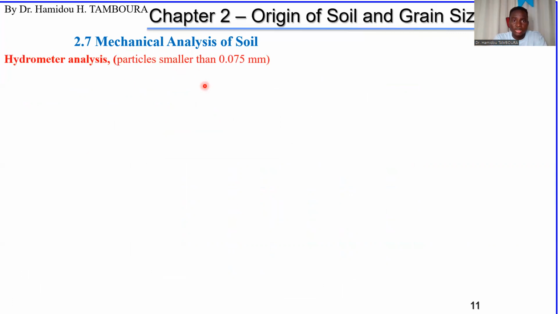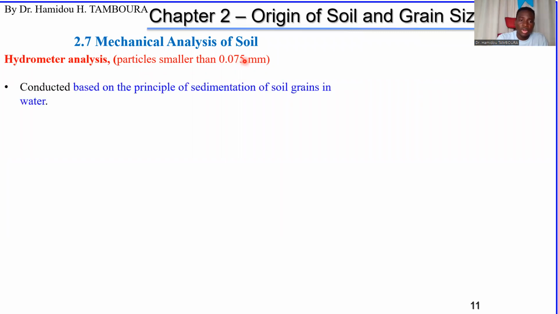And remember, this one is done for soil particles smaller than 0.075 millimeter. Okay, so how does this work exactly? This is conducted based on the principle of sedimentation of soil grains in water.